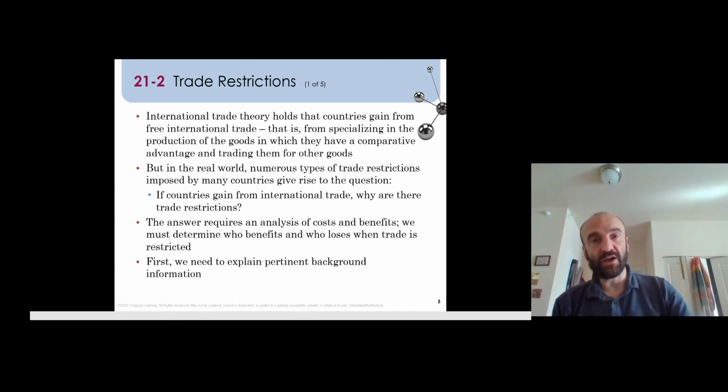So see, the basic theoretical case for free trade is based on the idea that there is nothing particularly special about free trade. The argument for free trade is just an extension of the most basic principle of division of labor and specialization that pretty much every economist accepts.